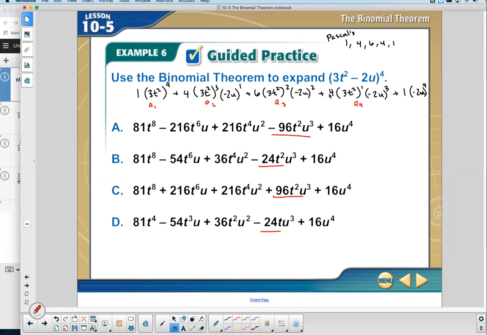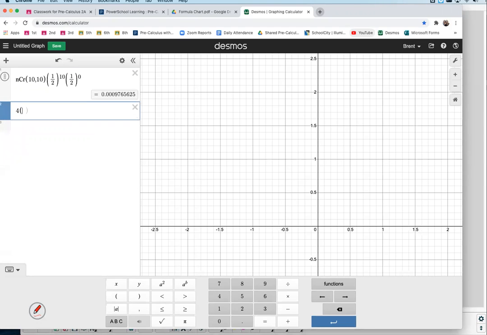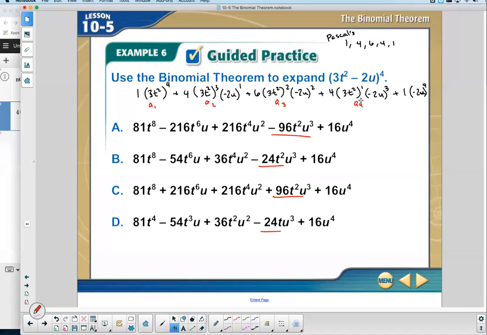So the number will be 4 times 3 to the 1st times -2 to the 3rd. That's my number, -96. So that one has a coefficient of -96, which means my answer has to be A.